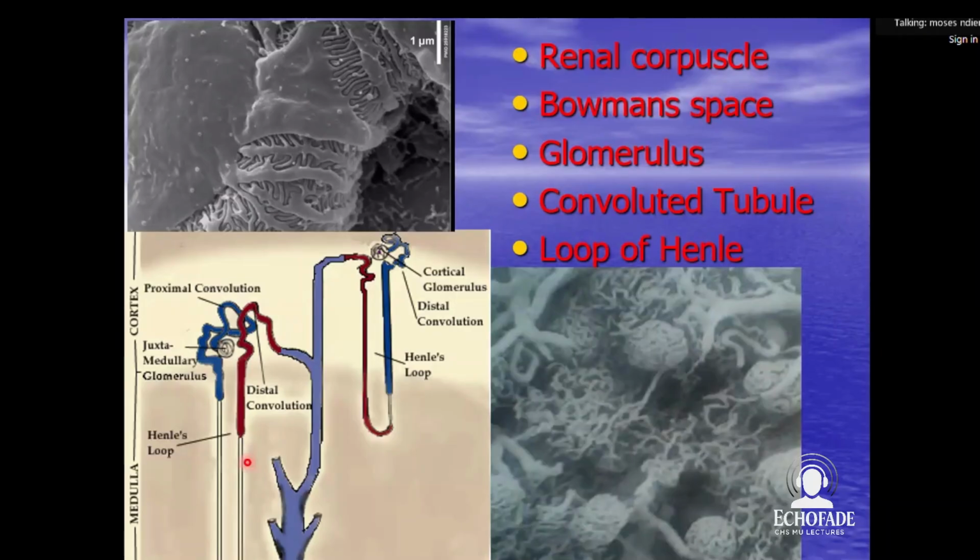Because of this, you have a concentration gradient within the medulla. And this is where we have the countercurrent principle of exchange, what we call the countercurrent multiplier effect.